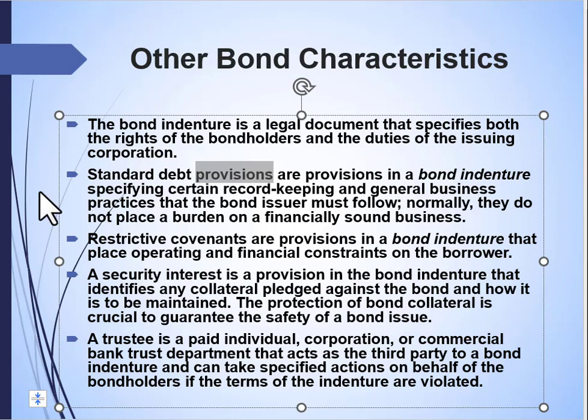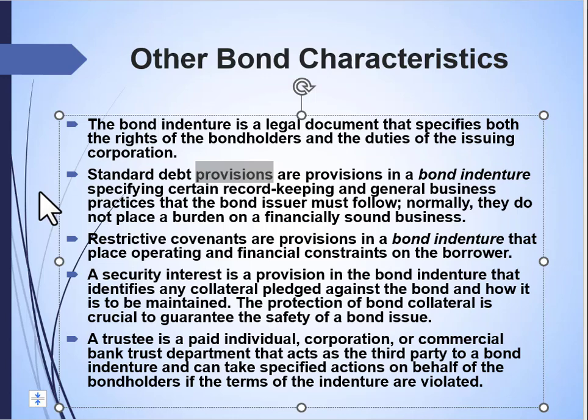So you can only pay 30% of your earnings out as dividends. So they'll still make payments, but they're going to restrict it. This will make sure that the company retains enough cash to make payments on the coupons, etc.